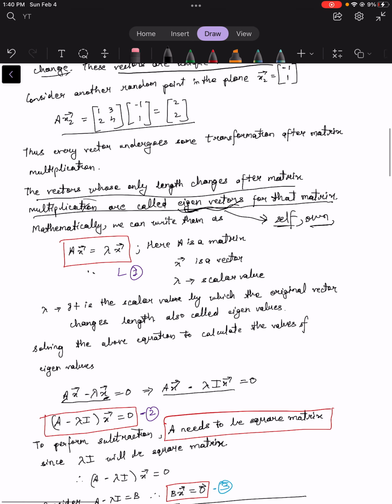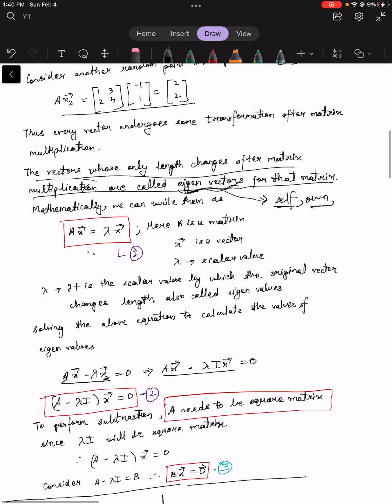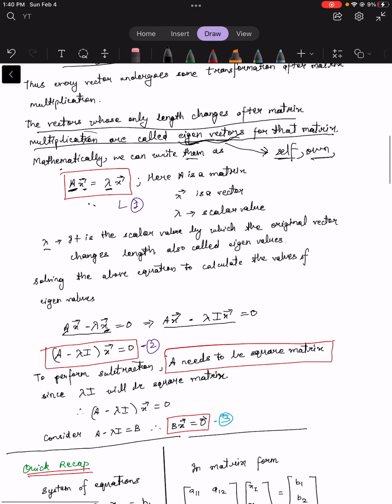That means the transformation they undergo in themselves. Mathematically, we can write it as Ax = lambda times x, where A is a matrix, x is a vector, and lambda is a scalar value. Lambda is the scalar value by which the original vector changes length, also called the eigenvalue.